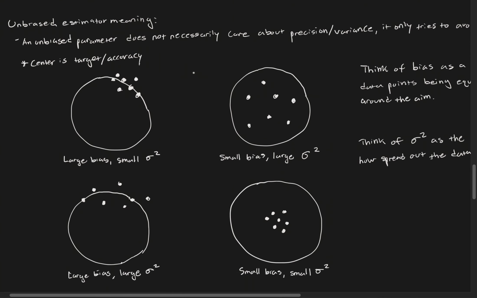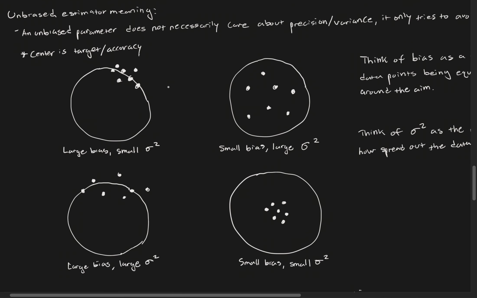Visually, we can see four examples here. Let's say it's like shooting bows and arrows, and we're trying to aim for the middle. In the first target, we're consistently off, but around the same location.